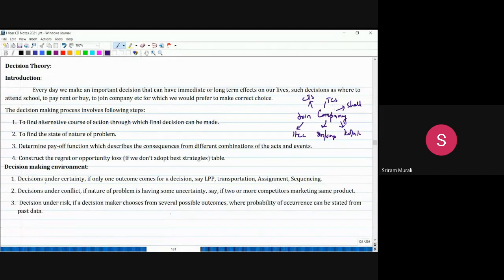So it is all based on the decision. Number one, a salary should be high. High salary. What is the second parameter? It should be nearer to my home, nearer to my residence. Number three, incentive should be given based on the performance.